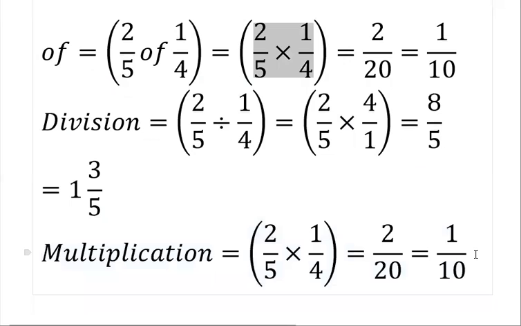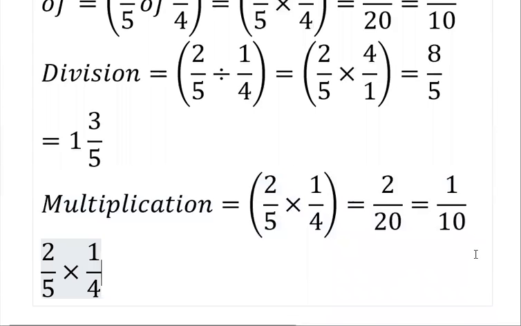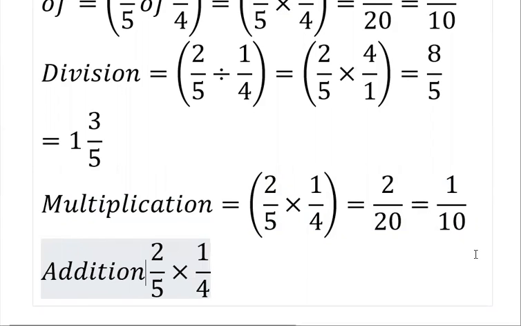For addition, let's change this operation to addition. So there's a little twist to that of addition.